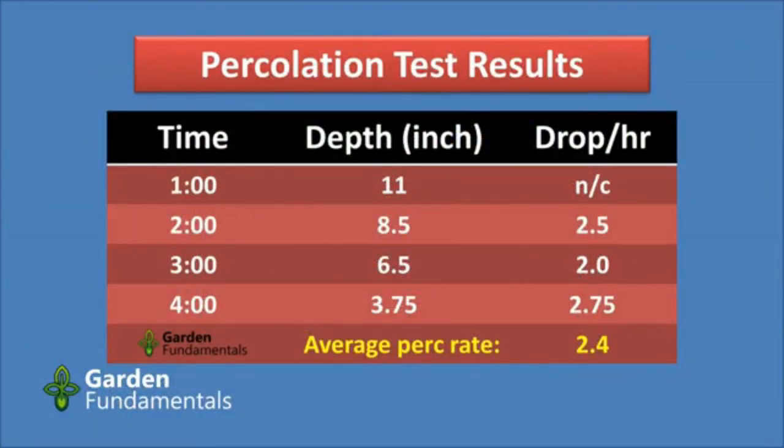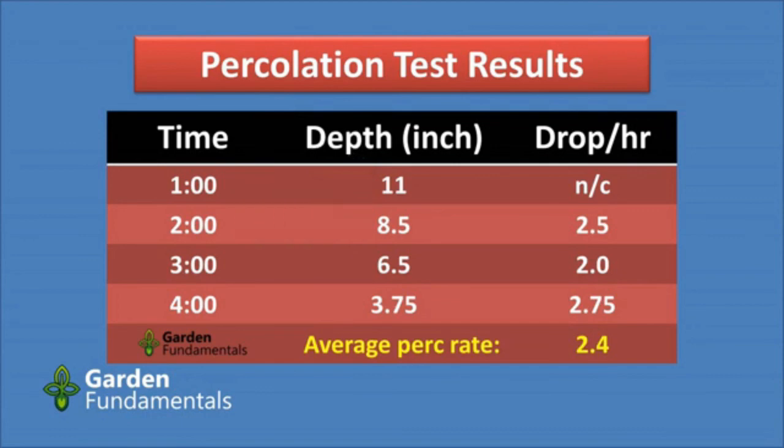Now that you've collected your readings, what do you do with them? This table shows the results for a typical measurement. The time intervals are in 1 hour increments, and beside each one is the depth measurement. It started out at 11 inches, and after the first hour it dropped to 8.5.